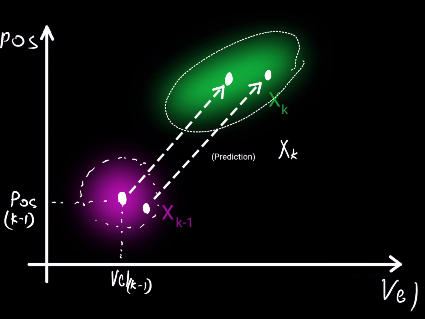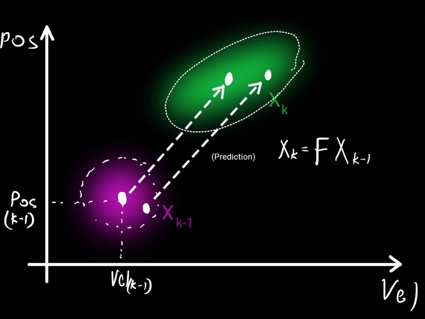X at point k equals F, which is the transition matrix, times x at point k minus 1. And of course, x at k plus 1 equals F times x at point k. Again, the F matrix transfers the current state to the next state based on the dynamics of the system.